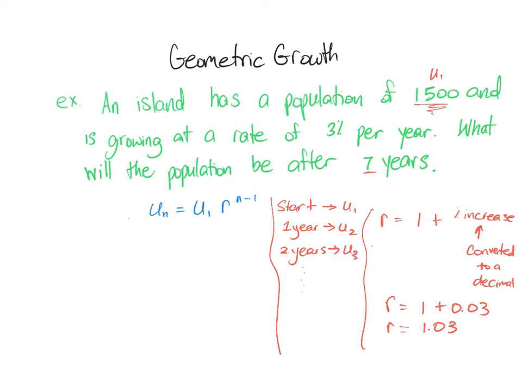So basically after 7 years, the term would not be the 7th term, but check it out. The term is actually 1 more than the year. When the term is 2, the year is 1, because when the term is 1, no time has passed. So therefore our 7th year is actually U8.